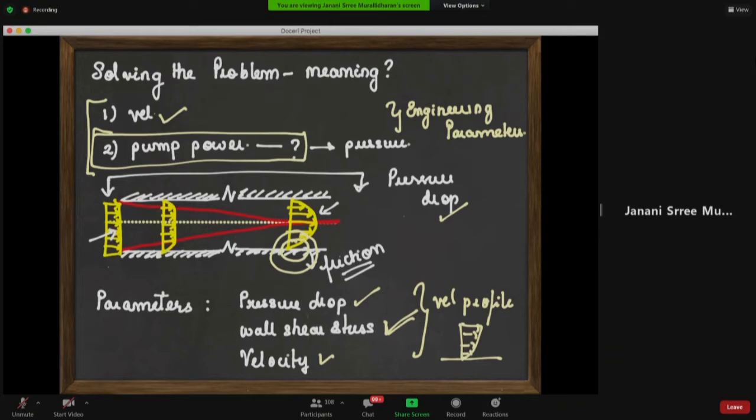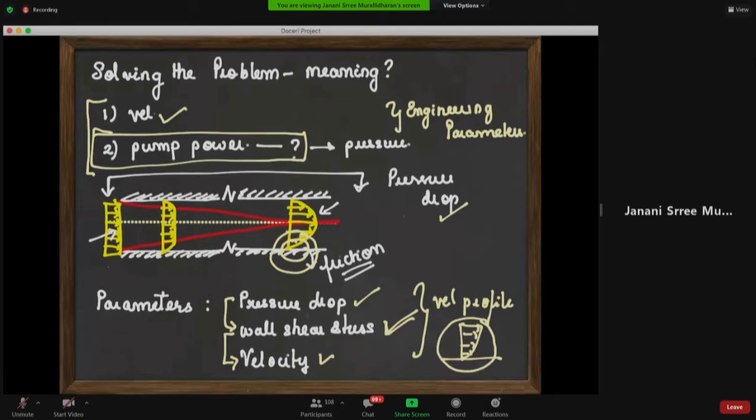Okay. So now you can see that the pressure drop is affected by the friction or wall shear, and the wall shear will affect the velocity profile in a way. So the importance very much lies in capturing this velocity profile near the wall accurately.